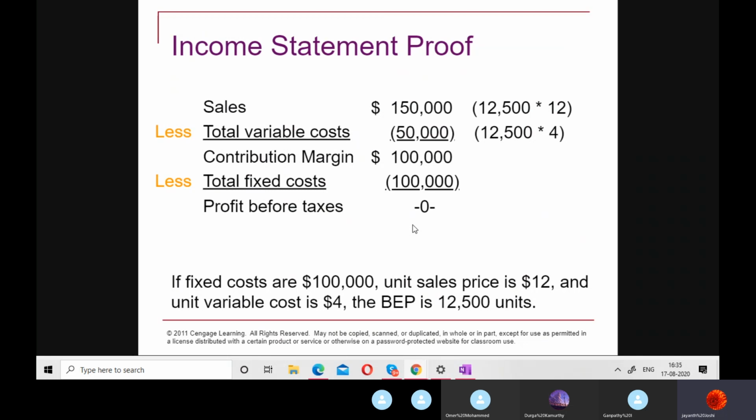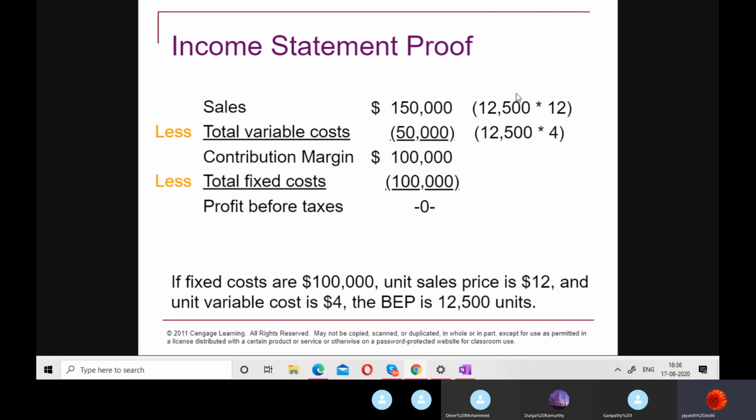So this is the income statement proof. In the income statement proof, what we are trying to prove here is that your break-even point is exactly the point at which your total revenue will be equal to total cost, or no profit, no loss. That means zero. Zero is not negative, not positive.